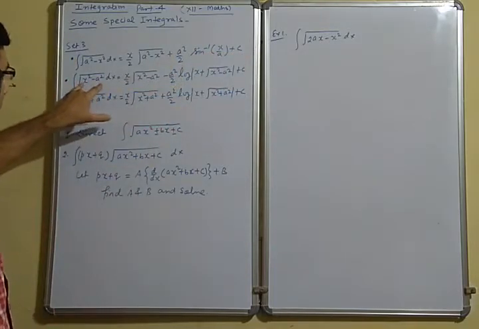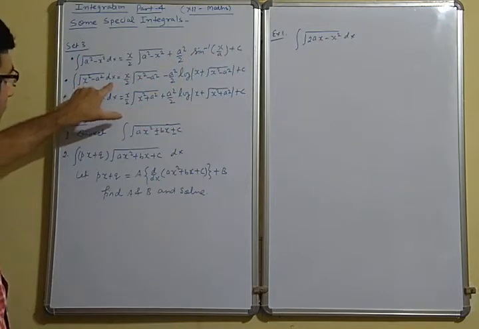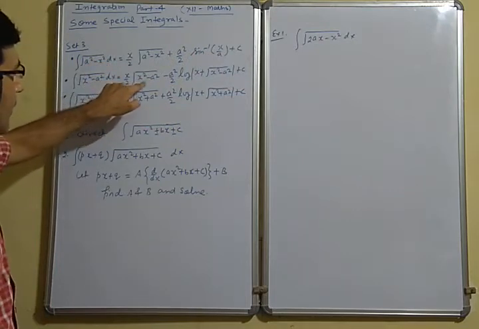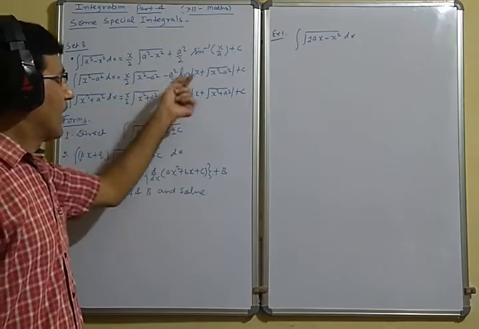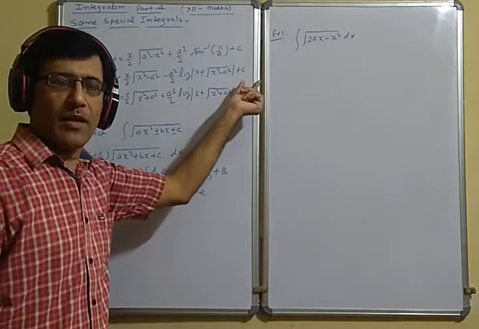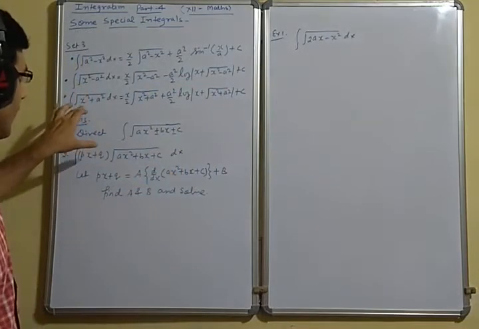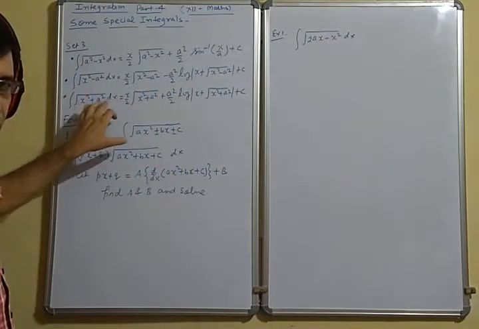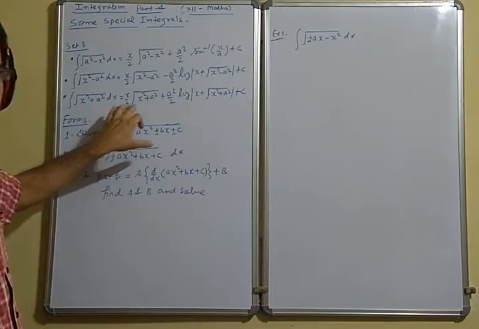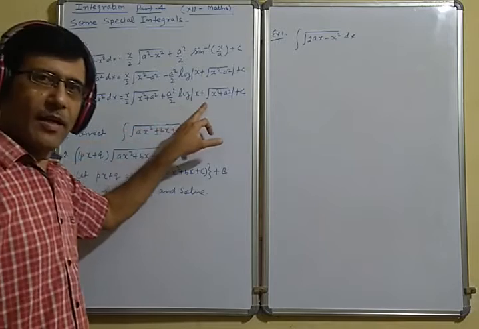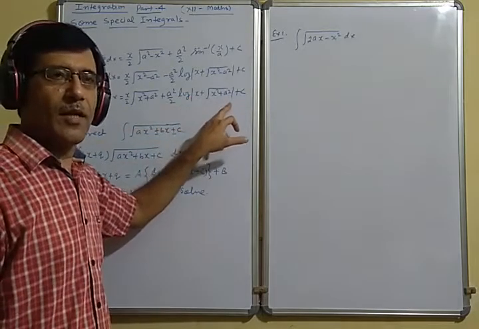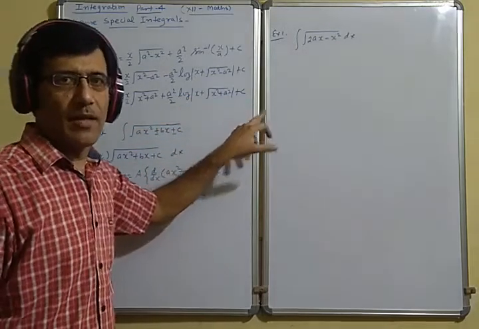The next one is under root x square minus a square dx, that is x by 2 under root x square minus a square minus a square by 2 log x plus under root x square minus a square plus c. And the next, under root x square plus a square dx, that is x by 2 under root x square plus a square plus a square by 2 log x plus under root x square plus a square plus c.